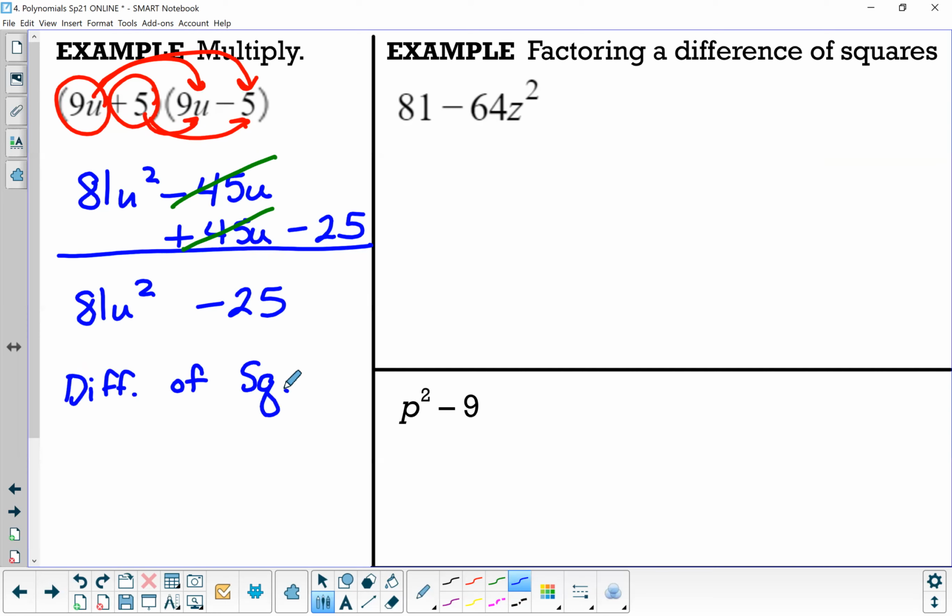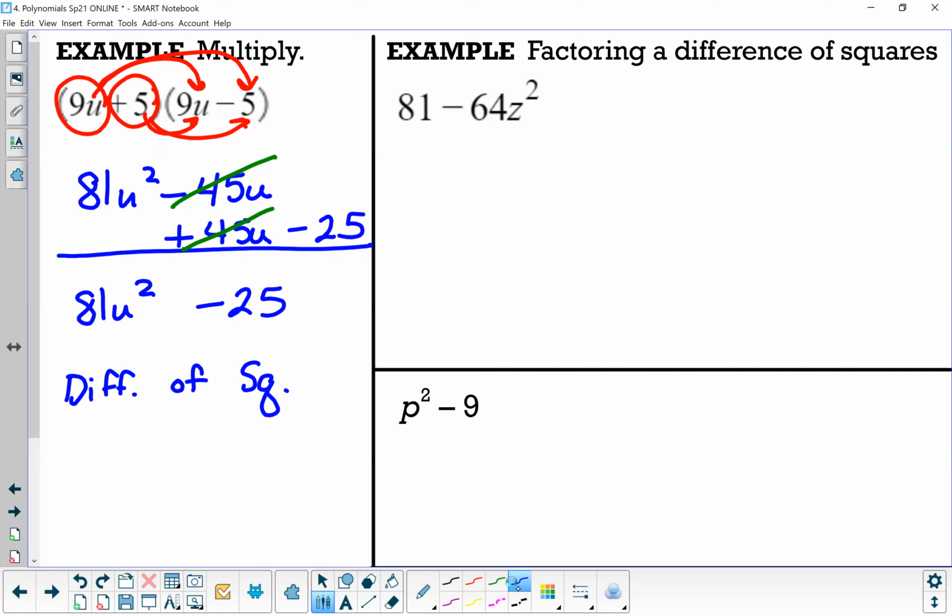So we have a difference of squares to begin with, 81 minus 64z squared, and we're asked to factor the difference of squares. So if the result is a difference of squares, then you're asked to factor, in other words, to unmultiply the difference of squares, right?